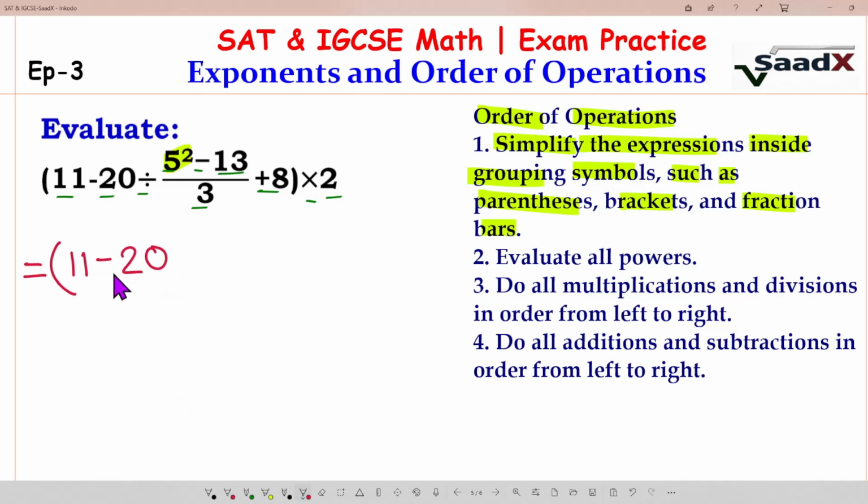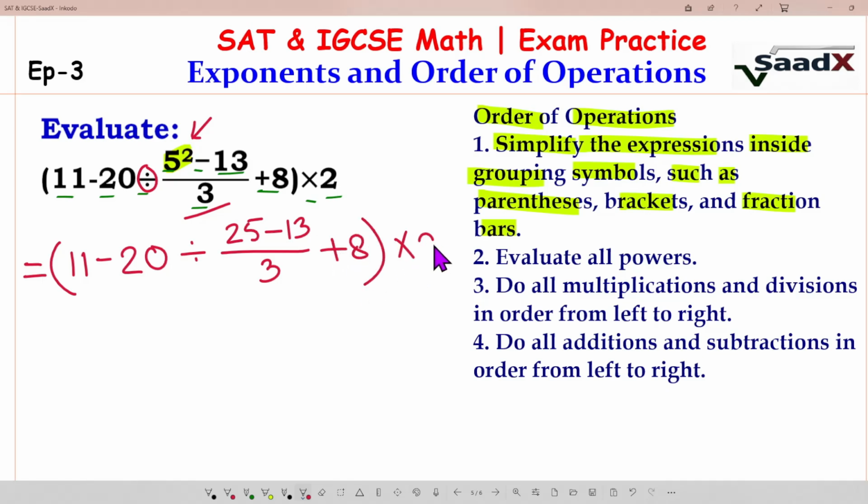We cannot write minus 9, because here is a division sign, this is a fraction, and here is an exponent. So there are lots of things we have to complete first. Then, here is 5 squared, which means 25, minus 13 divided by 3, then plus 8 times 2.